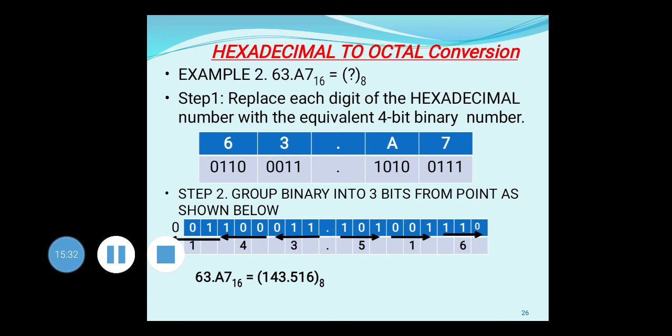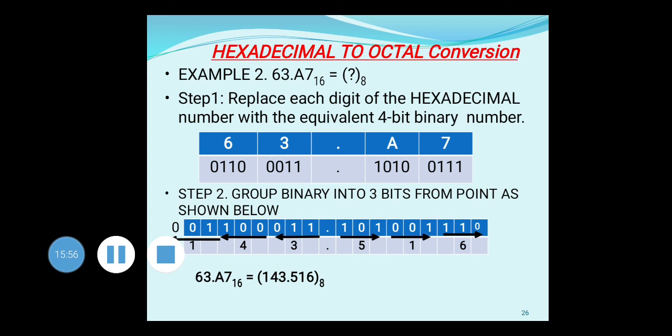Now you will start grouping into 3 bits from the point, as shown in the table here in step 2. For the integer part you will start grouping from the point towards the left, and for the fractional part you will start grouping 3 bits towards the right.